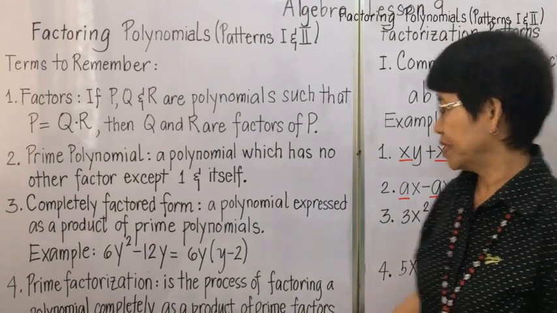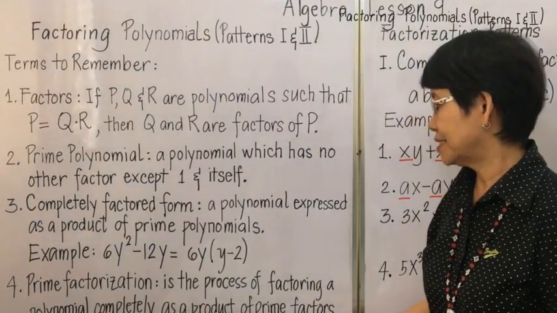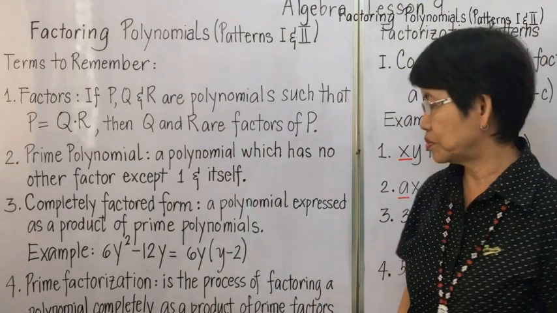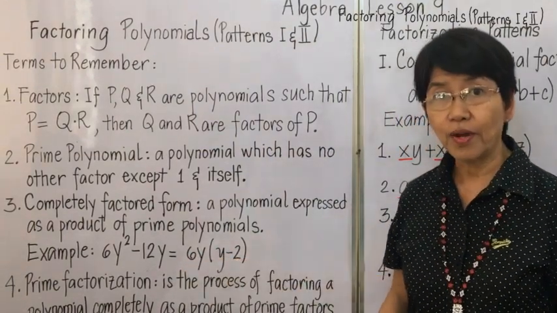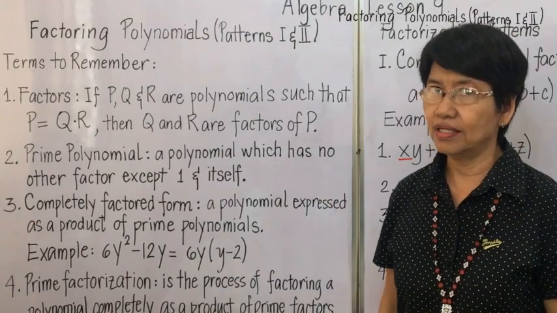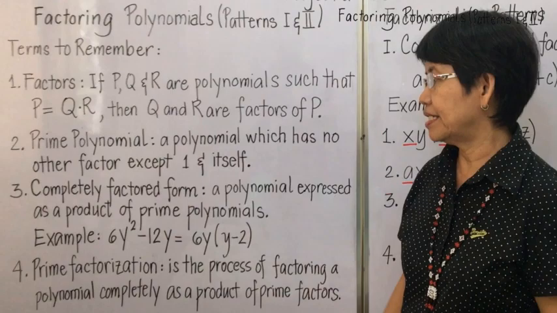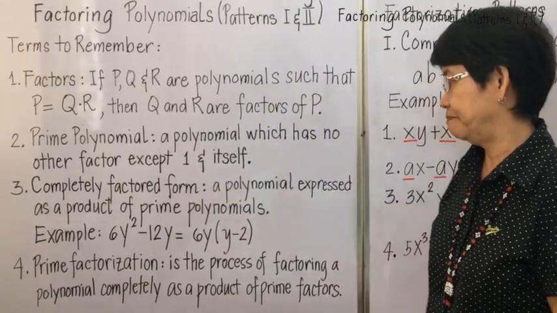Example, 6y squared minus 12y is expressed as 6y times y minus 2. The factors 6y and y minus 2 have no other factors except 1 and itself. So this is a completely factored form of a polynomial.